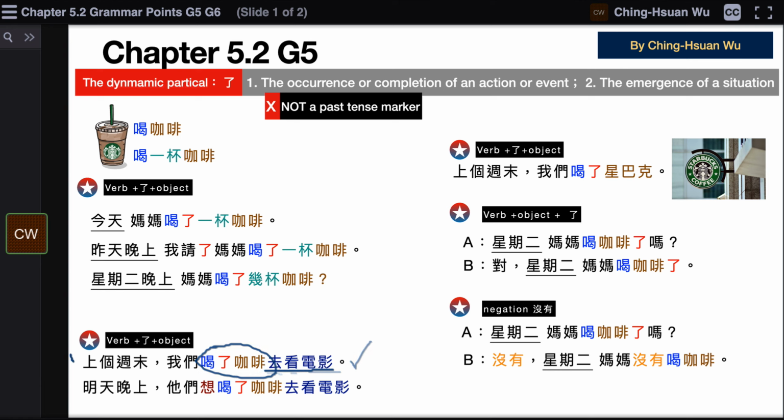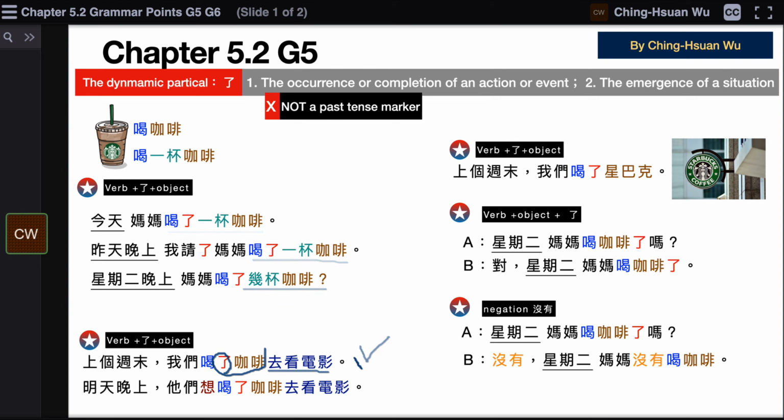If you compare this sentence with the previous one, you will notice in this sentence, we have another clause after the structure. Here, the sentence ends after the structure. But for this one, we have another action after the action that included the structure.